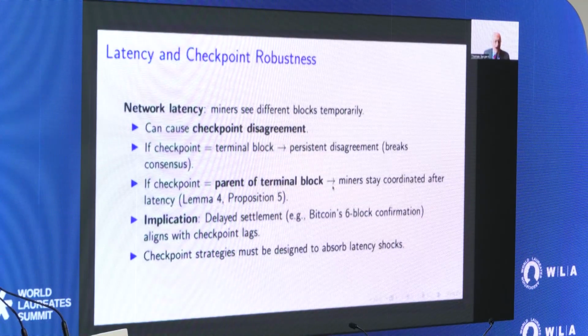It can cause checkpoint disagreement, and when this happens, it delays settlement. So latency is a problem for their mechanism, and they have to devise checkpoint strategies to absorb latency shocks. So again, I'm giving you a flavor of what these sophisticated economists or computer scientists are doing: they're devising an algorithm, their game is going to become an algorithm to create good outcomes, where the outcomes are endogenous.